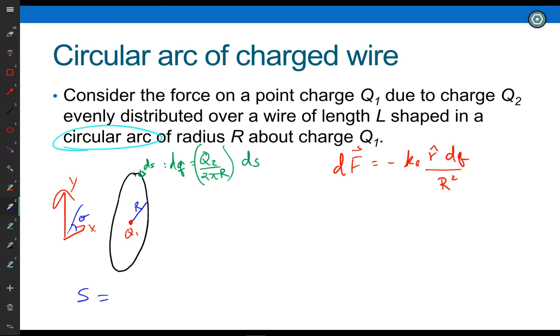S is equal to theta r. That's the definition of the arc length. For a complete circle, theta is 2 pi, hence the circumference is 2 pi r. Given a constant radius, ds is just equal to r d theta.